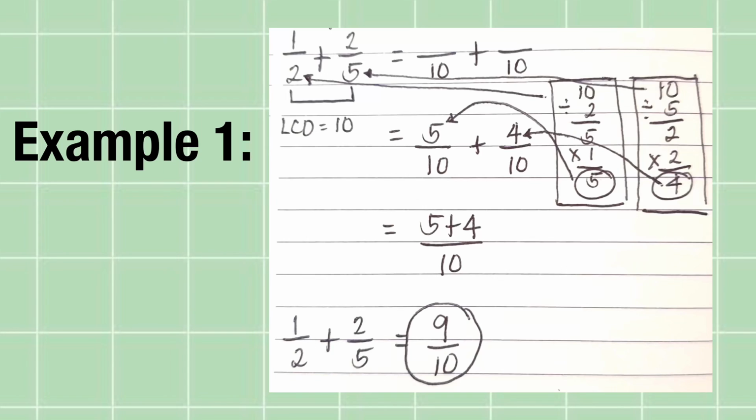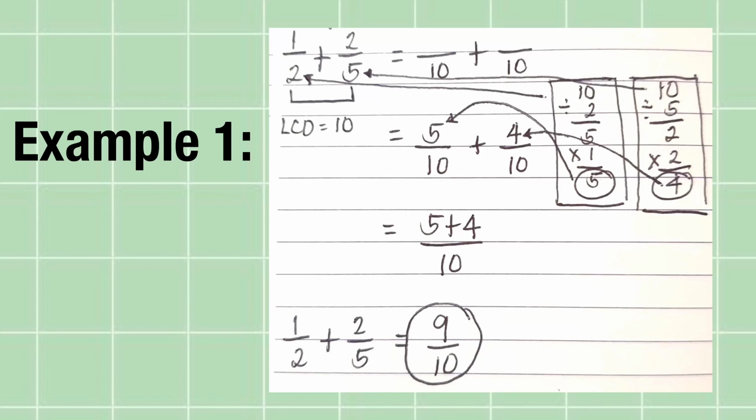So 1/2 is equivalent to 5/10. Next, 10 divided by 5 equals 2, times 2 equals 4. So 2/5 is equivalent to 4/10.